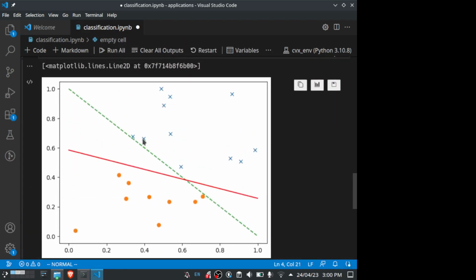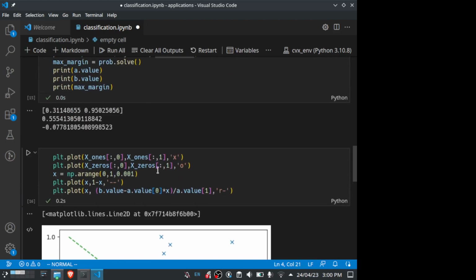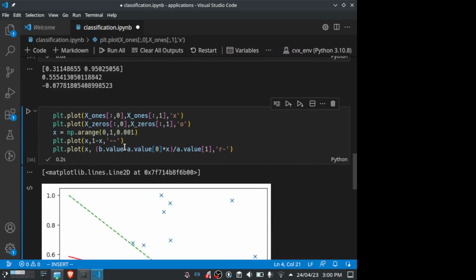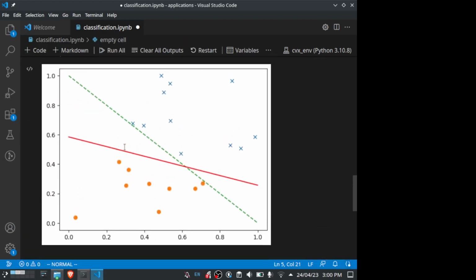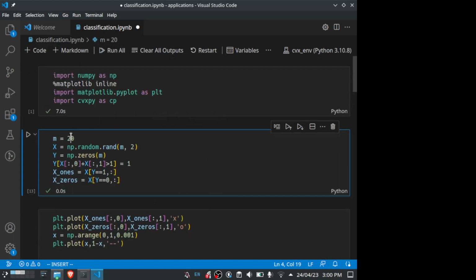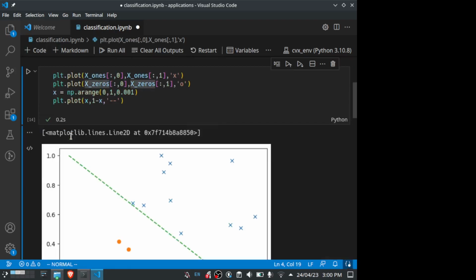So now you have a wider strip. We actually have a much wider strip. But of course, the classifier that we obtain is far worse than the actual partition. If I now increase the number of points to 100, then obviously I'm going to be doing better.